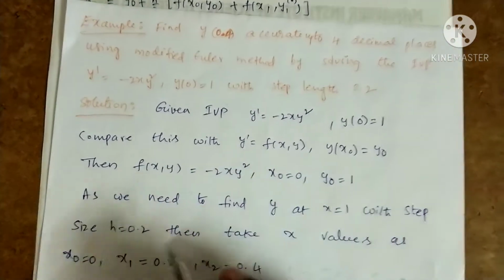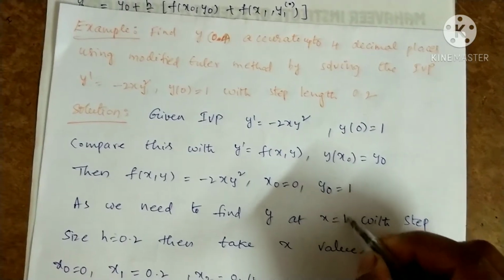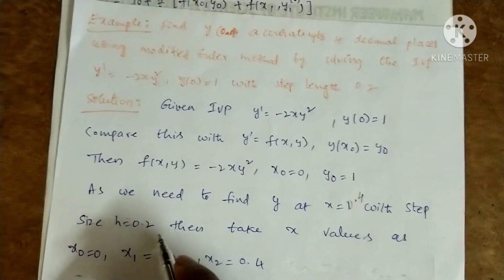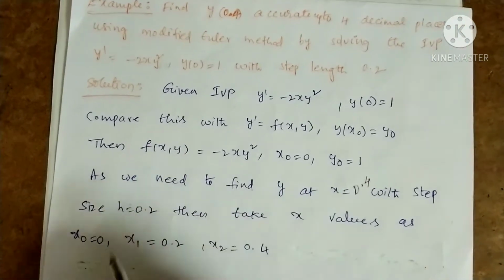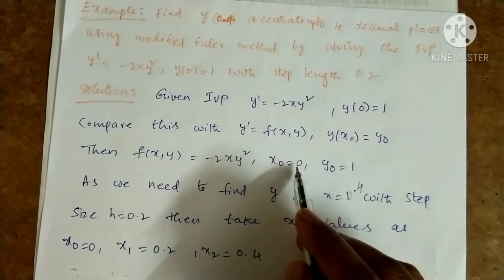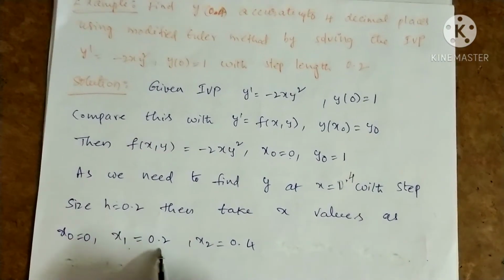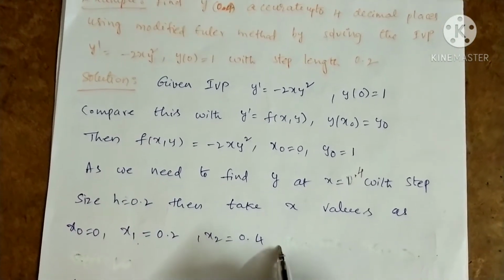We need to find y at x equal to 0.4 with step size h equal to 0.2. Then x0 is 0, x1 is x0 plus h, which is 0.2, and x2 is x1 plus h, which is 0.4.